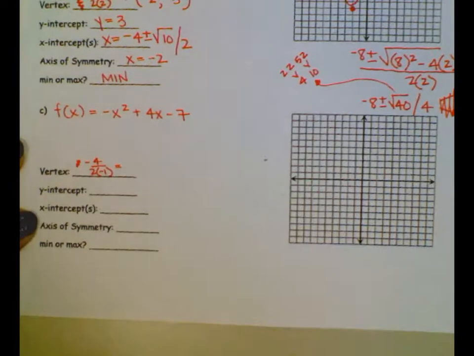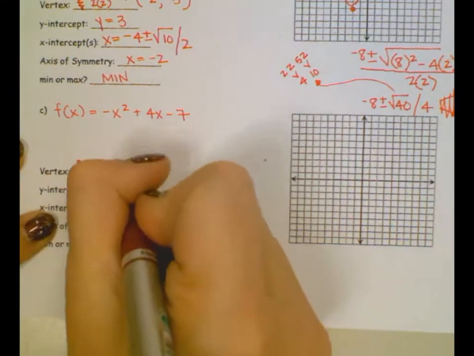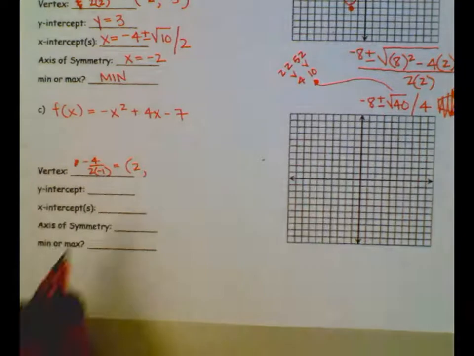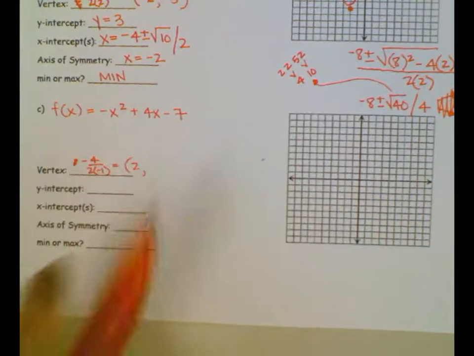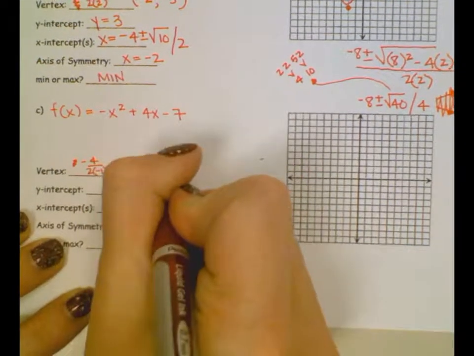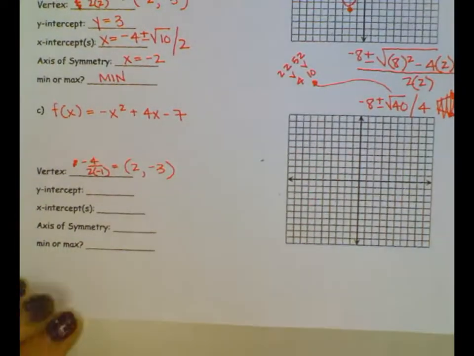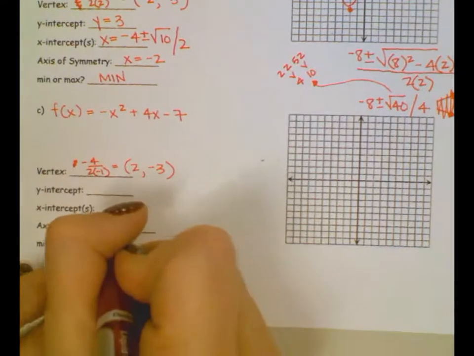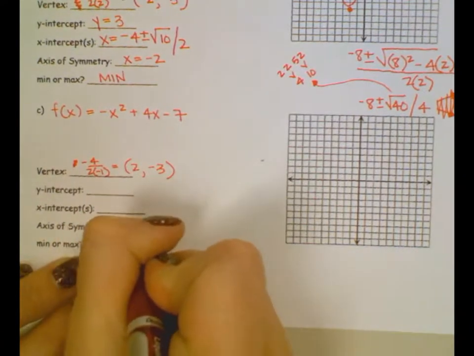So what is negative 4 over negative 2? 2. Okay, so now let's plug that 2 into the equation. So negative 2 squared, and I would put that 2 in parentheses, plus 4 times 2 minus 7. So negative 3. Okay, I can answer my axis of symmetry right now. X equals 2. Boom.